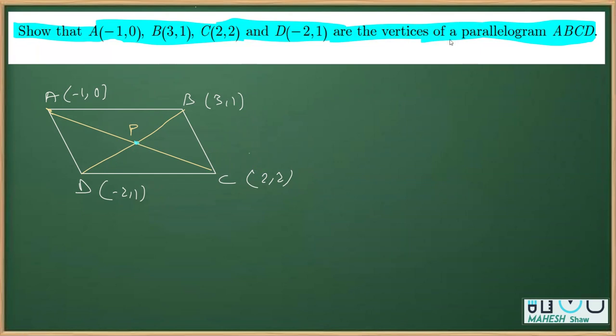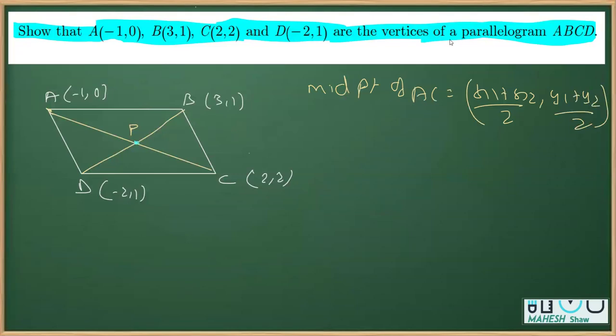So we'll start by finding the midpoint of AC. We know that for the midpoint, the formula is x1 plus x2 upon 2, and similarly for the y coordinate. That's a special case of the section formula when the ratio is 1:1.